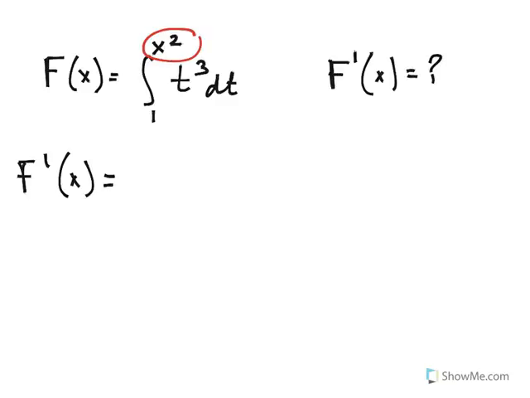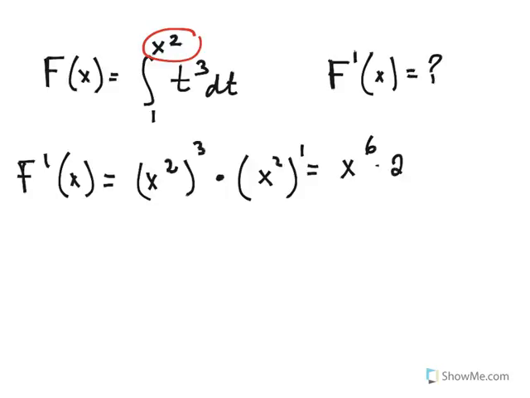It's a composite function. So t is x squared now, but the whole thing is to the third. But then you have to multiply by the derivative of x squared. So eventually you get x to the 6 times the derivative of x squared, which is 2x. And your result is 2x to the 7th.